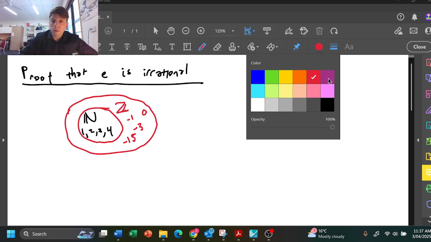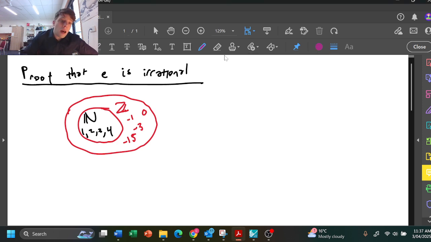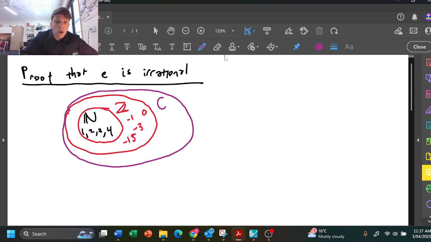Now, the next type of number that became relevant, and I believe these were actually invented before negative numbers, are what we call the rational numbers. This is denoted with the symbol Q, to mean quotient, so this is when we're talking about division. Rational numbers are particularly relevant to our discussion here. These are numbers that can be represented as one whole number divided by another whole number. For example, we could have 2 over 3.